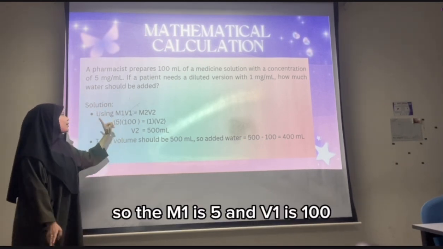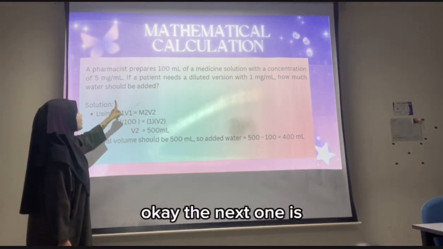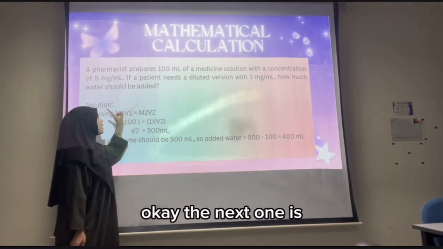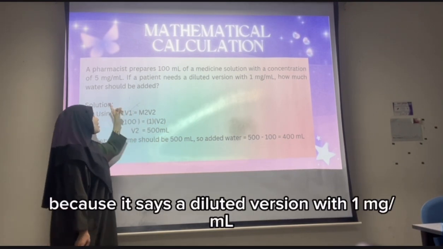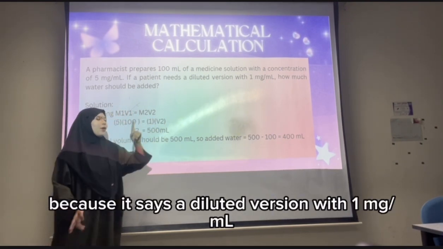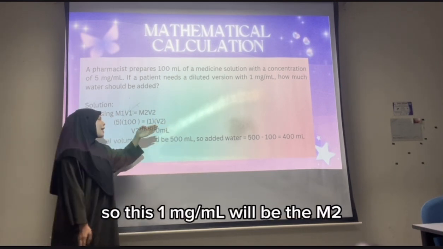So the M1 is 5 and V1 is 100. Next, you can get M2 from the question because it says a diluted version with 1 mg/ml. So this 1 mg/ml will be the M2.